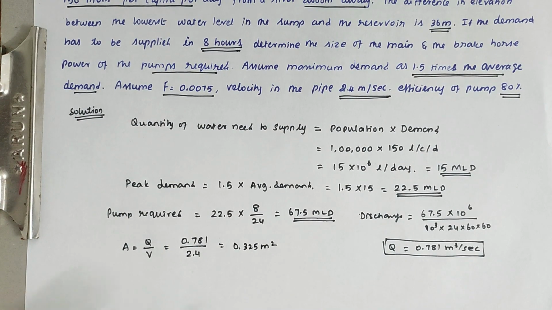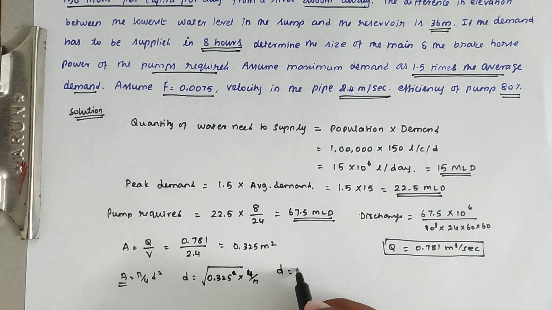From that area we can find the diameter. Area equal to pi by 4 into d square. The only unknown is the diameter. So d equal to root of 0.325 into 4 divided by pi, which gives 0.643 meter.